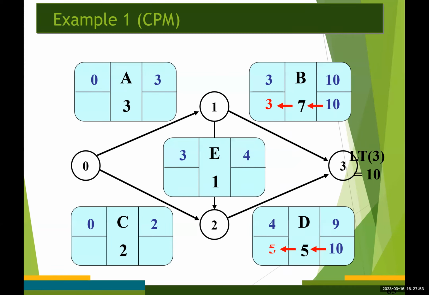The latest start time for activity B is going to be 3. That is from the latest finish time minus its duration, so 10 minus 7 becomes 3. Likewise, the latest start time for activity D becomes 5, from 10 minus 5.